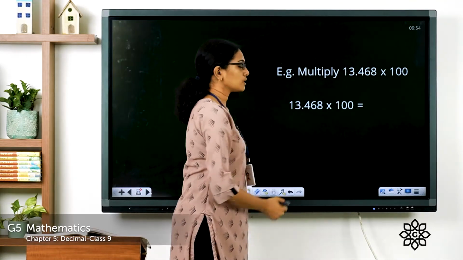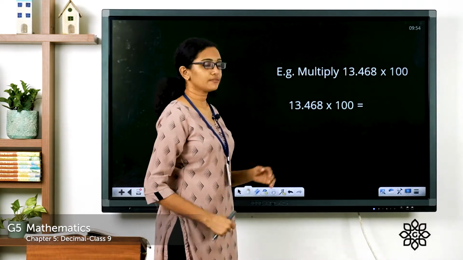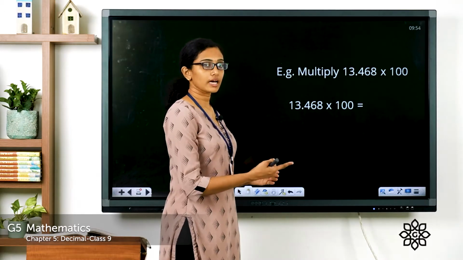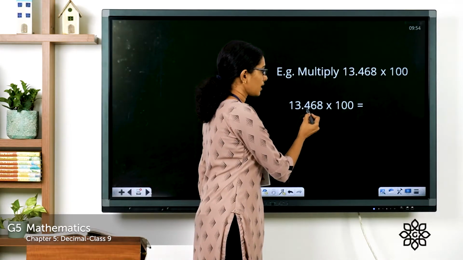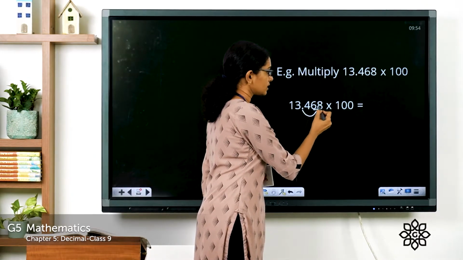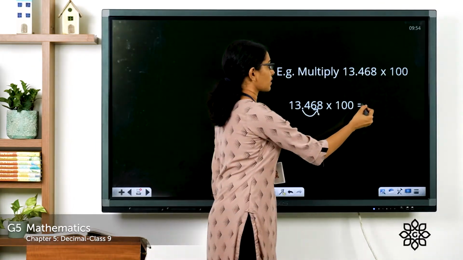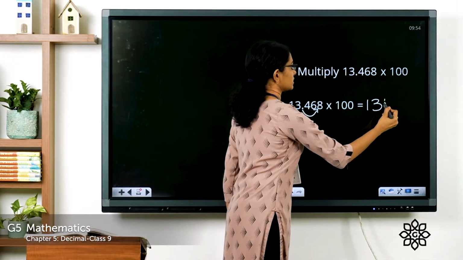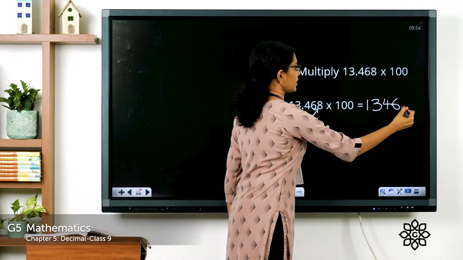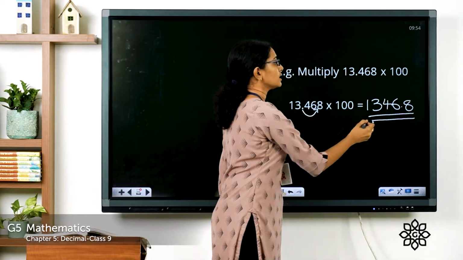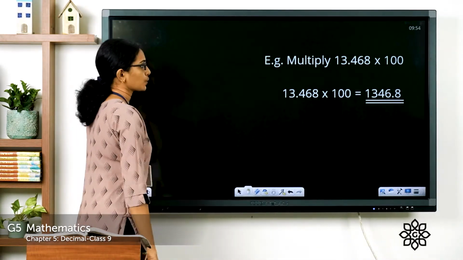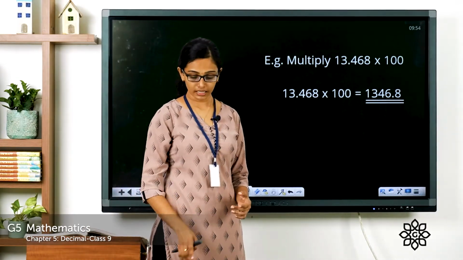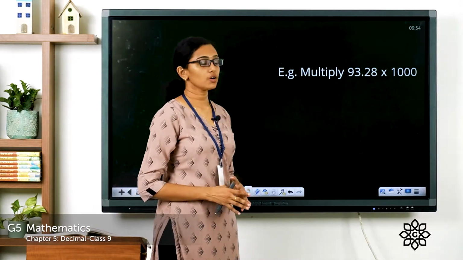Here the decimal point comes between this 3 and 4. When you shift it to the right, it would come after 1, 2. It would come after this 6. So the product will be 1346.8. Clear?